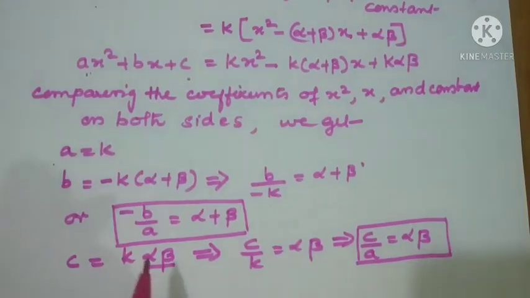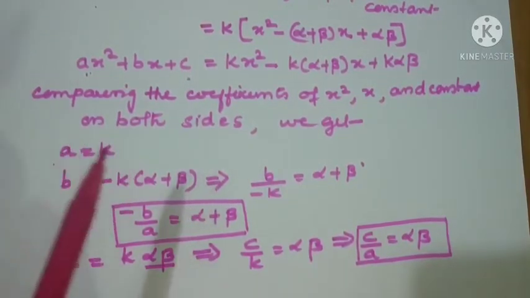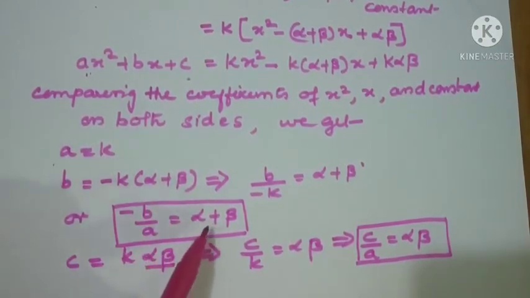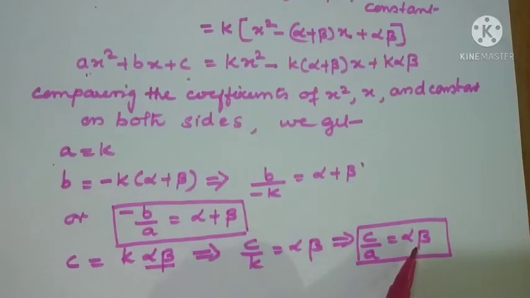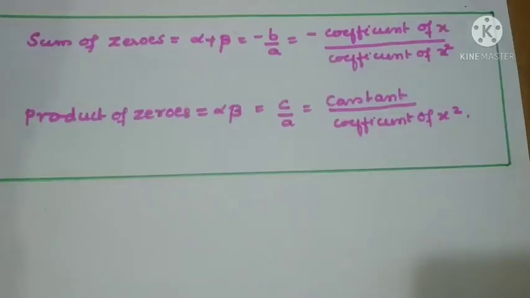So with the help of this we derived the formula. Whatever we have done in the examples is the same: sum of the zeros equal to minus b by a, that is minus coefficient of x by coefficient of x square. Product of the zeros equal to c by a, that is constant by coefficient of x square.